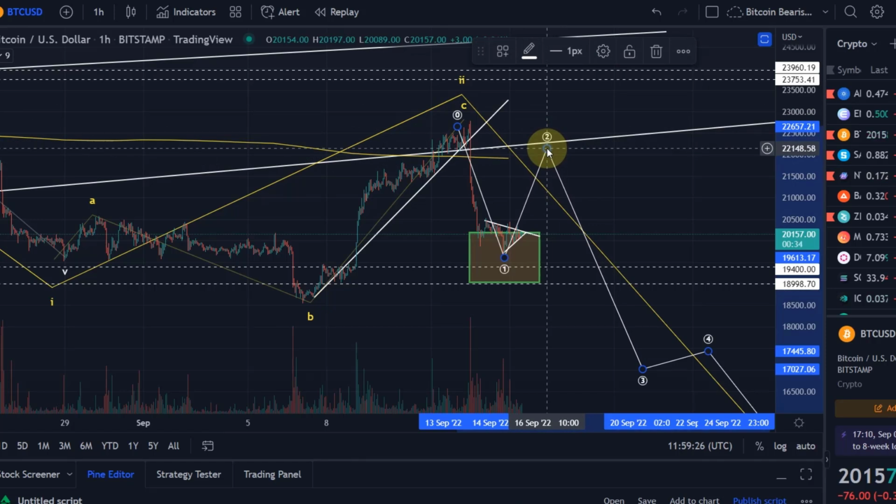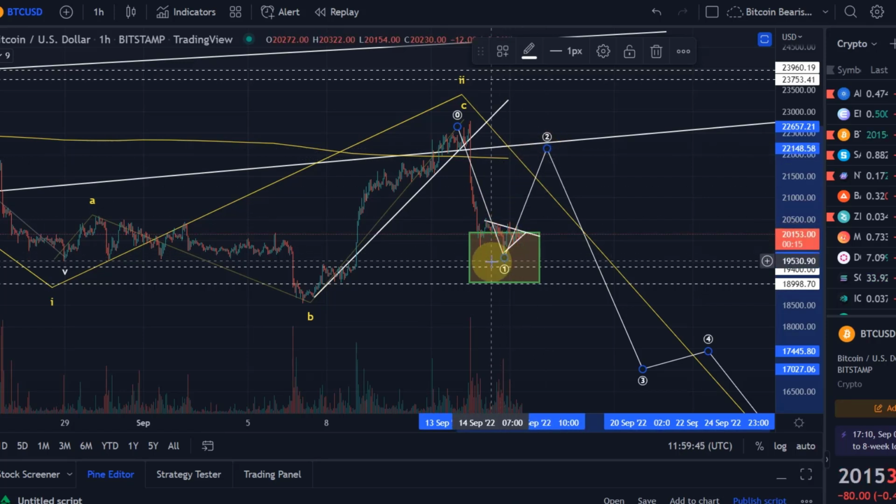So again, we're not trying to predict market movements here. We are applying the rules of market structure and fibs and likely retracement levels to understand from which level we are switching from one scenario into the other.